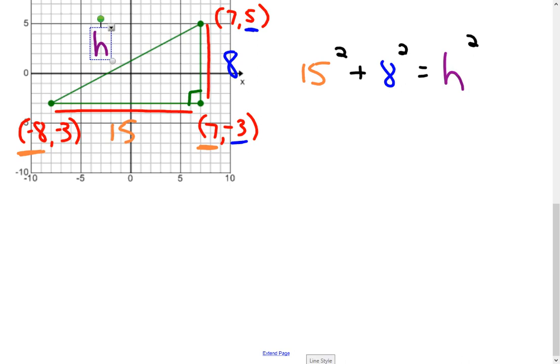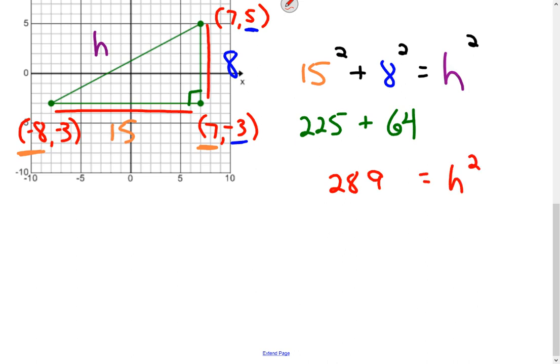So now as we go through and solve this, 15 squared is 225, our 8 squared is 64. If I add those 2 together, I end up with 289 equal to our h squared.